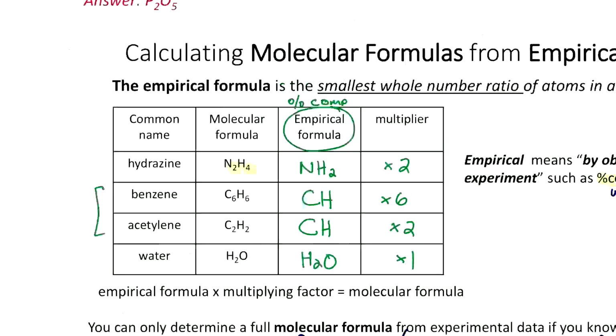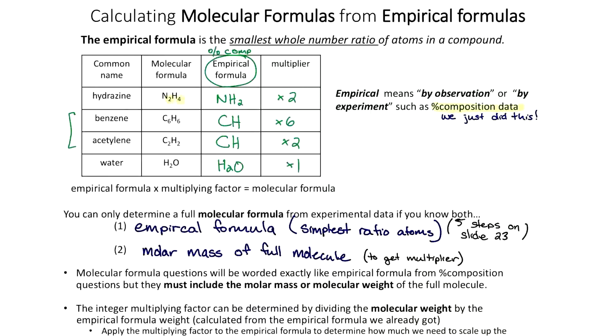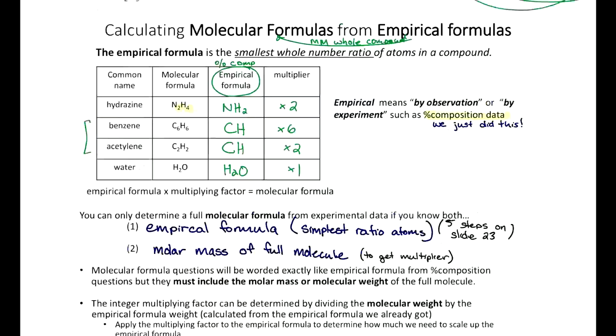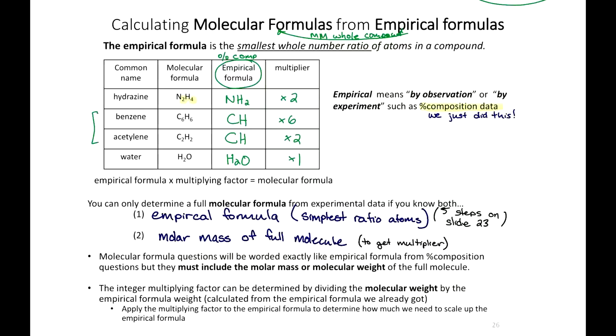So the takeaway from this slide is that to go from an empirical formula to a molecular formula, you need the molar mass of the whole compound. That is how we are able to go from empirical formula to molecular formula, all right? Everything we just did, the 5 steps, can only have us calculate empirical formulas, the simplest ratio.